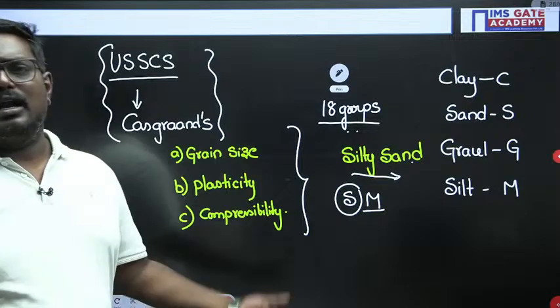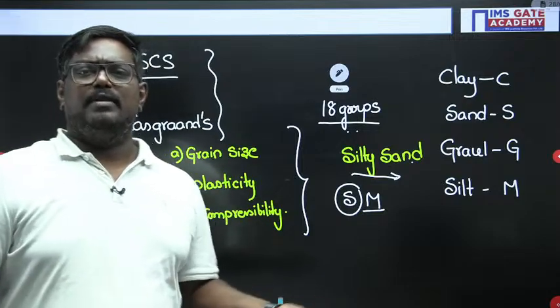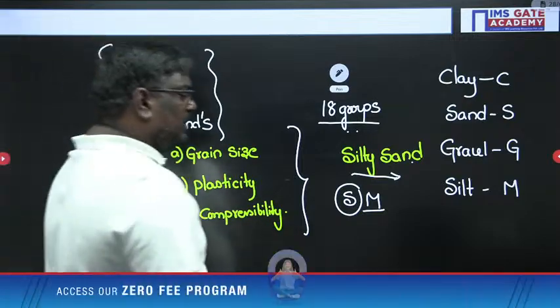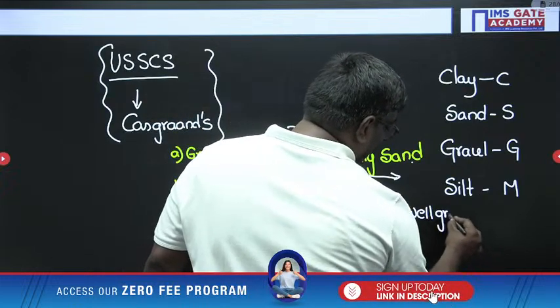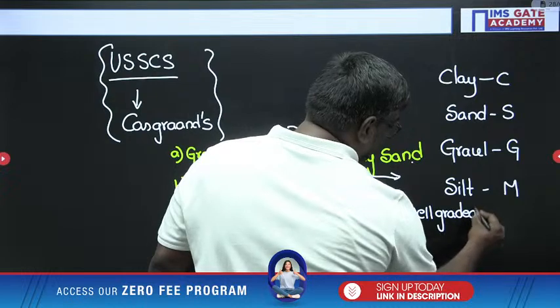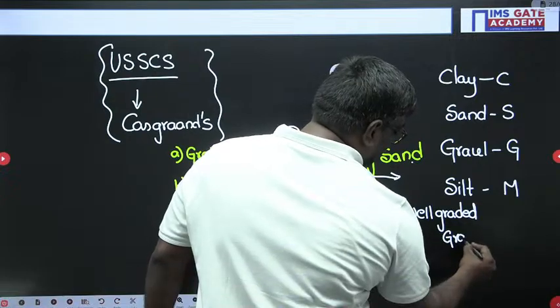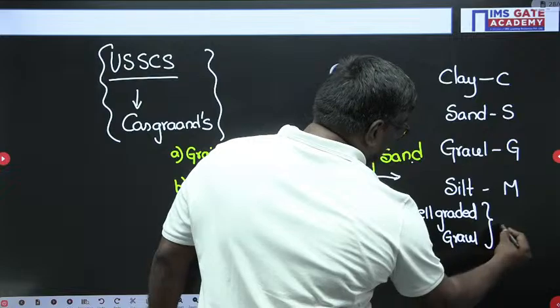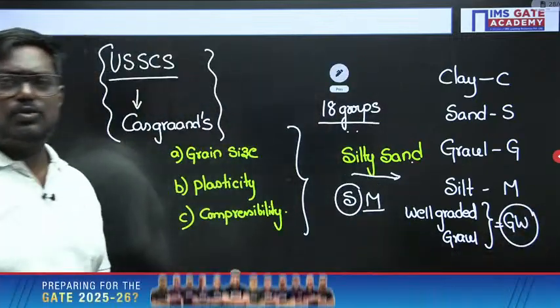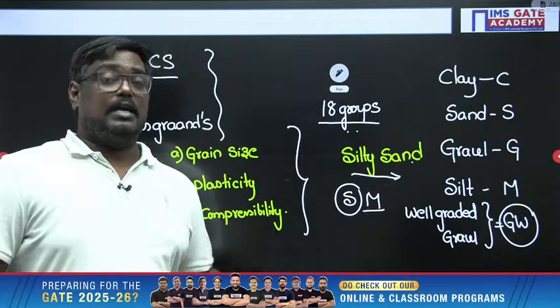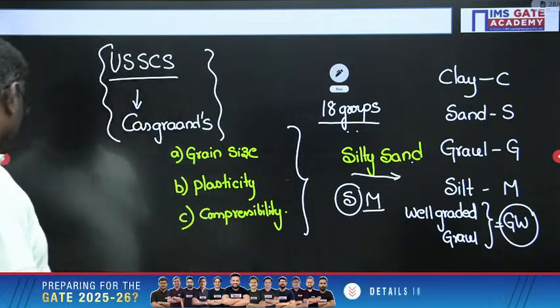If they ask you what is well-graded gravel, it is represented as GW. The first quality of the soil is gravel, and the condition of the soil is well-graded.